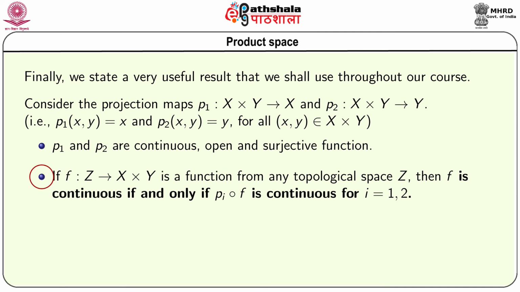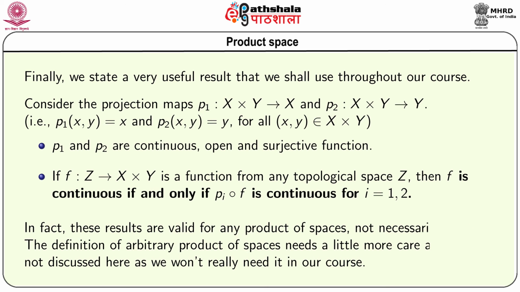Now, if f is a function from z to x cross y, where z is any topological space, then the continuity of the function f follows from the continuity of the composition Pi composed f for every i equal to 1 and 2.